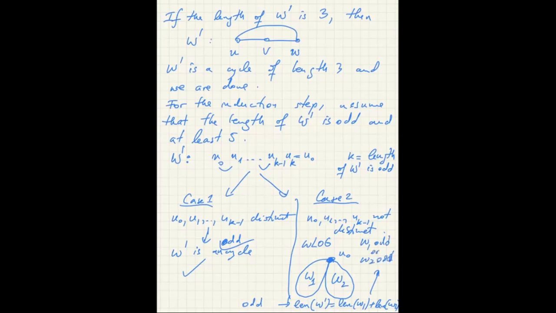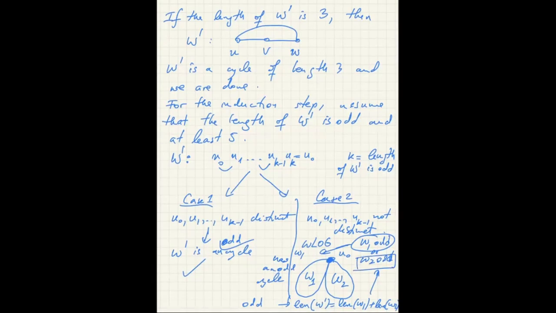If W1 is odd, then W1 is a closed walk because it starts at U0 and ends at U0, and it has odd length which is strictly less than W prime. So by the induction hypothesis, W1 has an odd cycle, and because W1 has an odd cycle, W prime has to have an odd cycle.